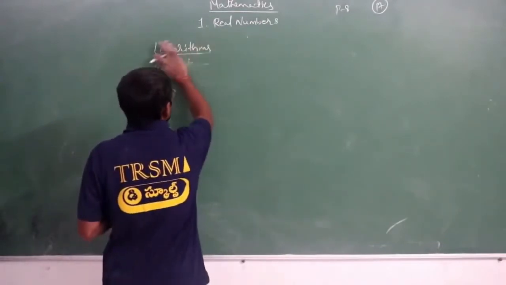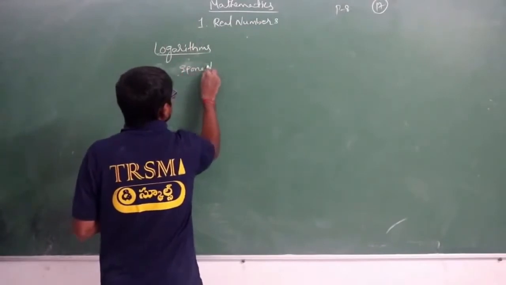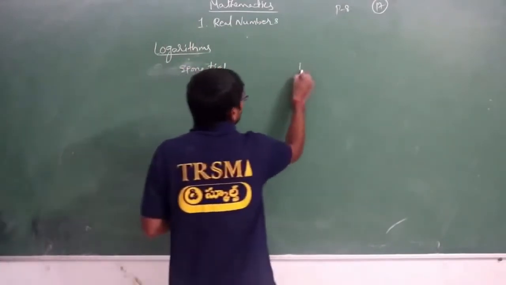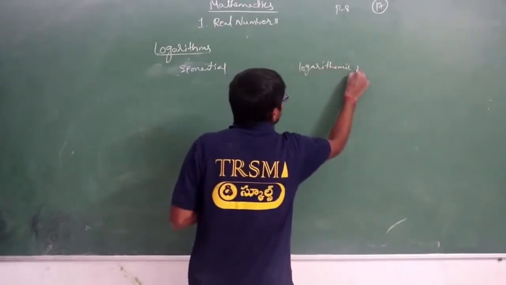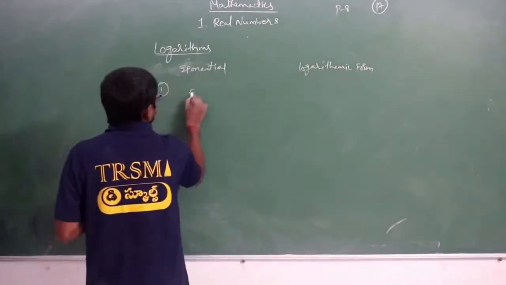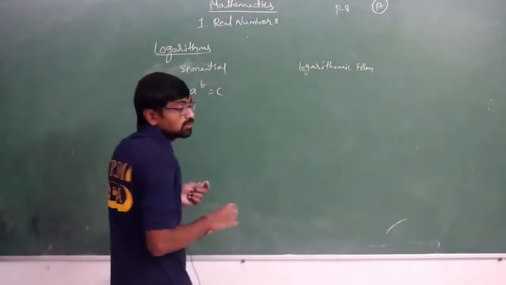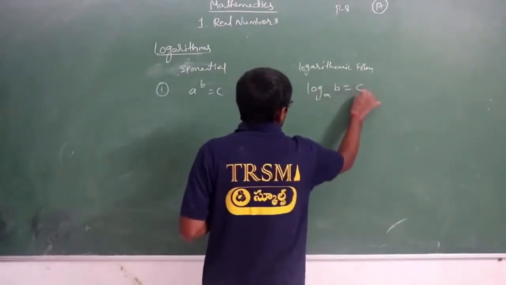This is exponential form, and here we have logarithmic form. So a power b is equal to c. Can I write this as log base a, b is equal to c?